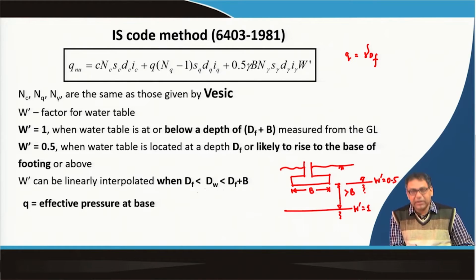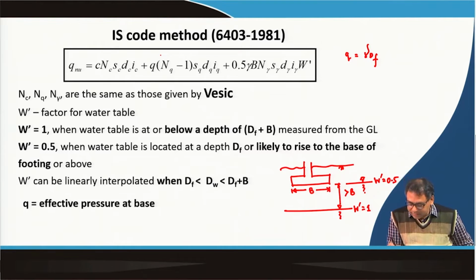Q is the effective pressure at the base, and remember that when we use the Q, definitely it is effective, because in the other case we incorporate the water table effect, here Q is given. So, that means here W dash is applied at the third term, but in the second term also we have to apply the water table effect.